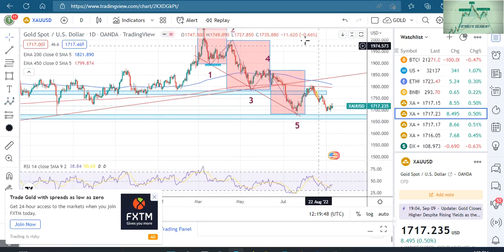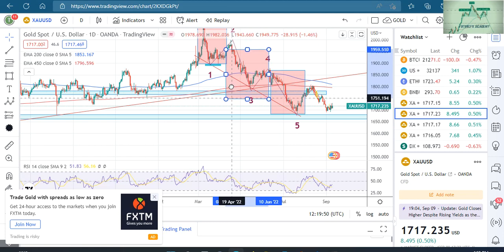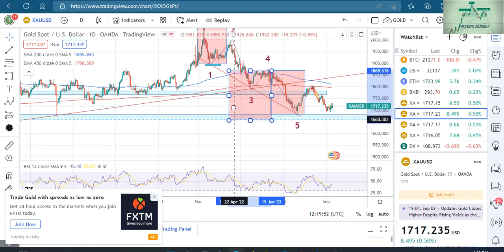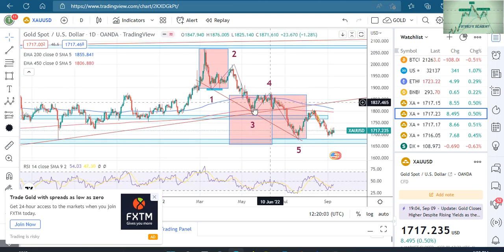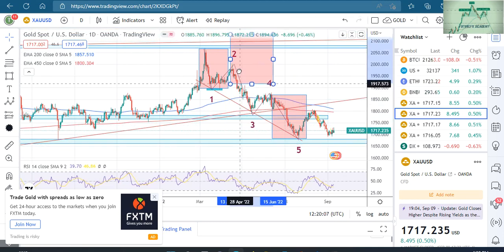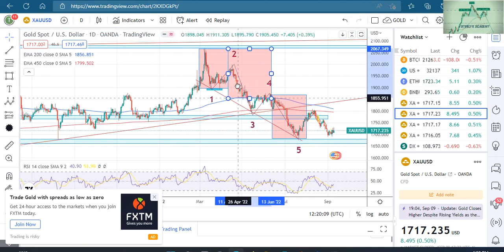Now let me bring out this rectangle. If you look at this rectangle, it is longer than this rectangle, and also placing it beside this, it is also longer than the rectangle.